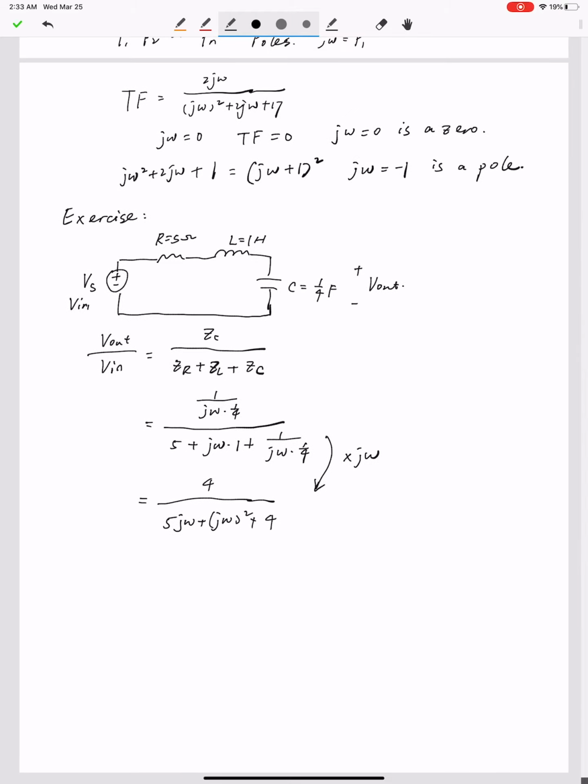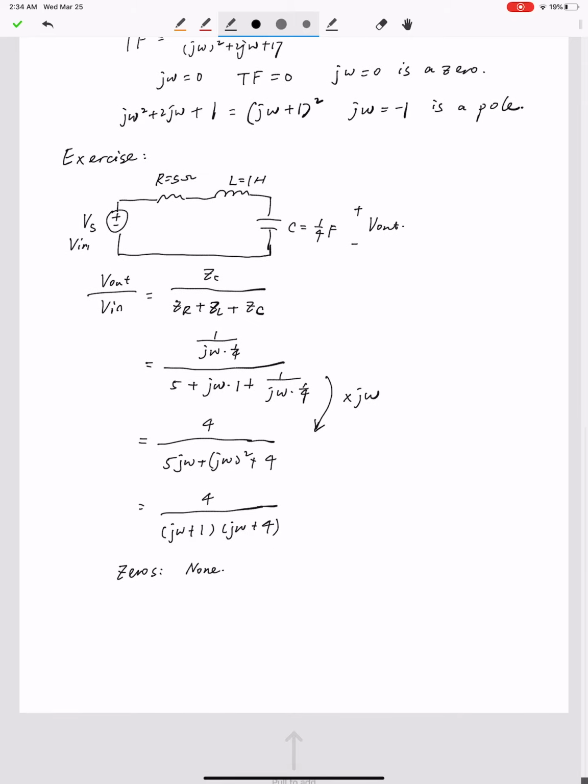Alright, so now the bottom part can be rewritten as j omega plus 1 times j omega plus 4, right? And now we can easily recognize what the zeros and poles are. The zeros of this transfer function are none, right? Because there's no j omega on the top side, the numerator of this transfer function.